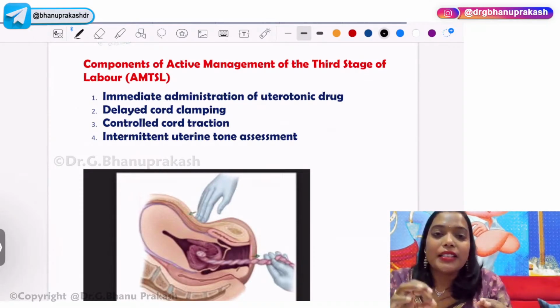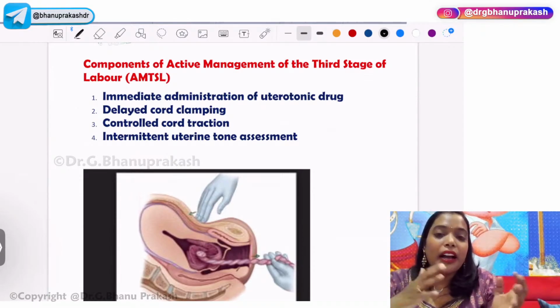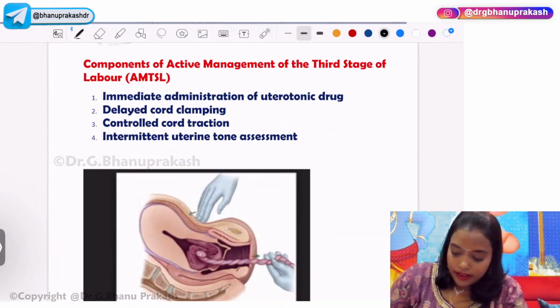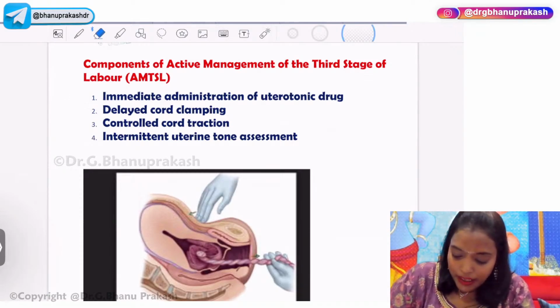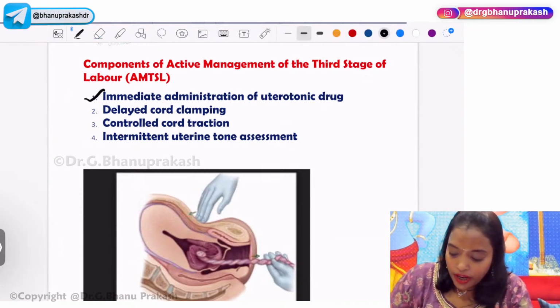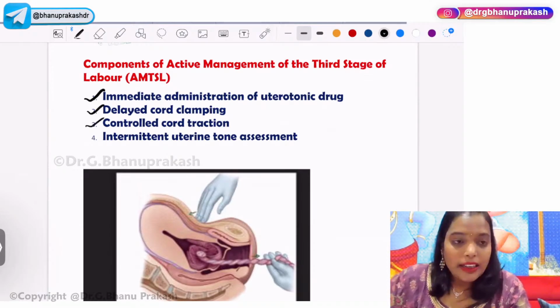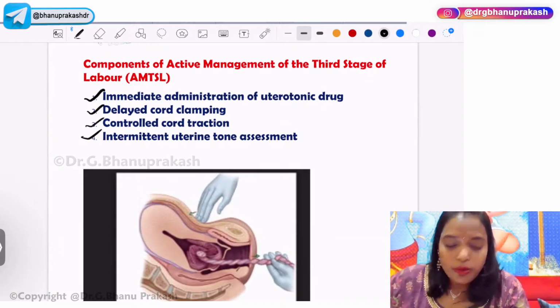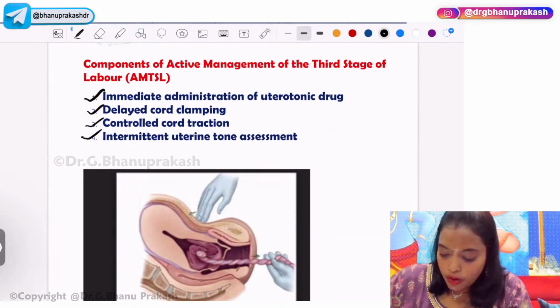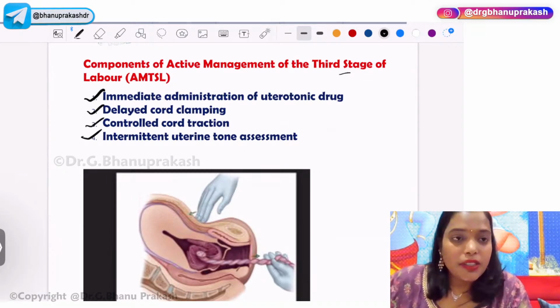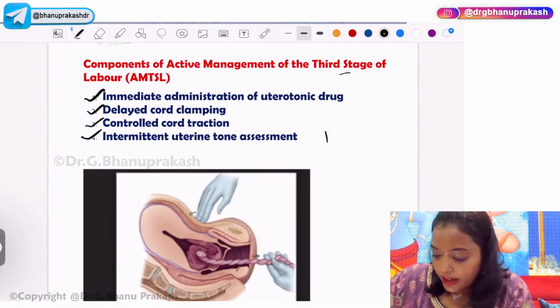You can remember it as IDBI: immediate administration of uterotonic drugs, delayed cord clamping, control contraction, and intermittent uterine tone assessment.